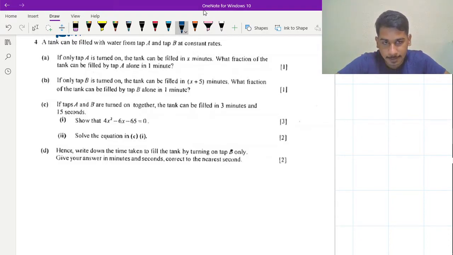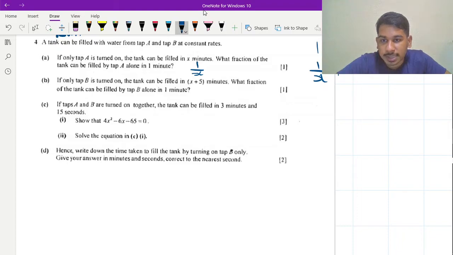So in X minutes, one tank. In 1 minute, you can do 1 over X tank. Make sense? Divided by X. So it's going to be 1 over X.